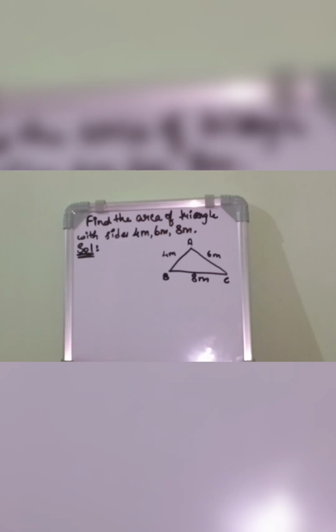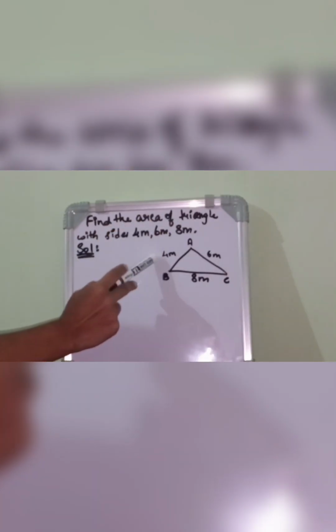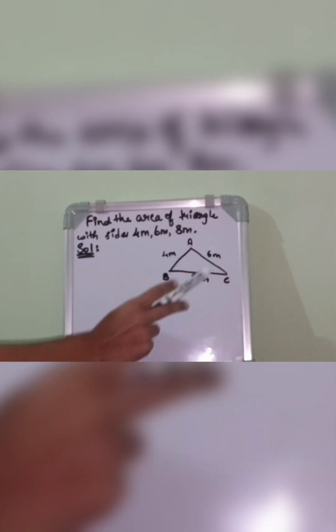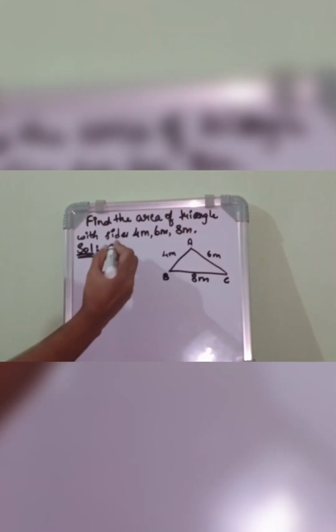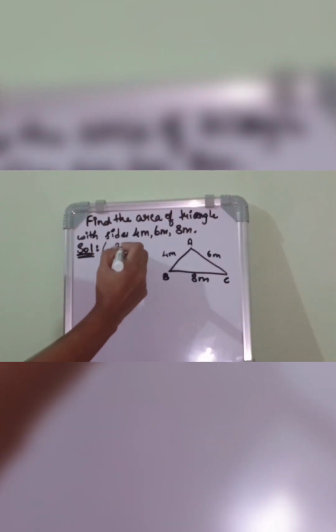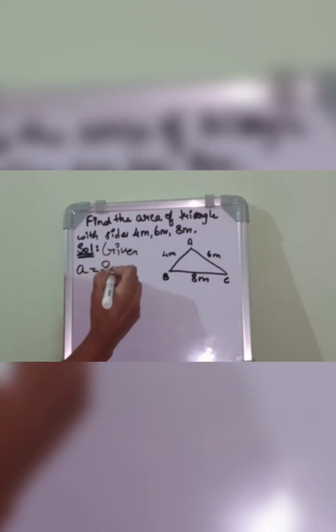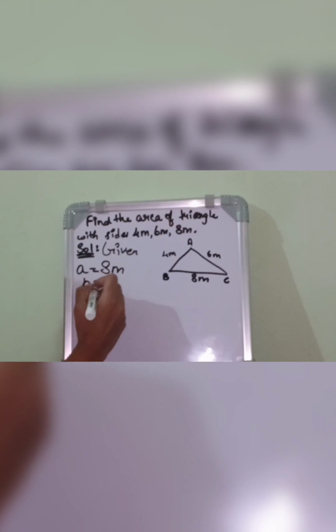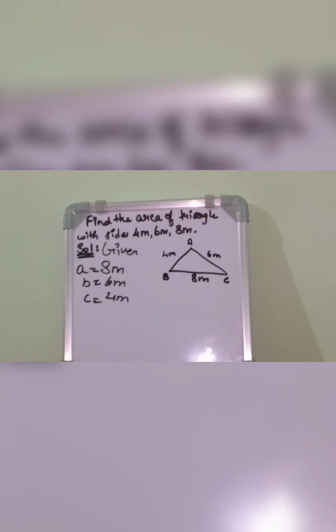Based on the scalene triangle formula, let's do a problem. Find the area of a triangle with sides 4 meter, 6 meter, 8 meter. First let's write the given. Given a is equal to 8 meter, b is equal to 6 meter, c is equal to 4 meter. Now, first you have to find the S value.